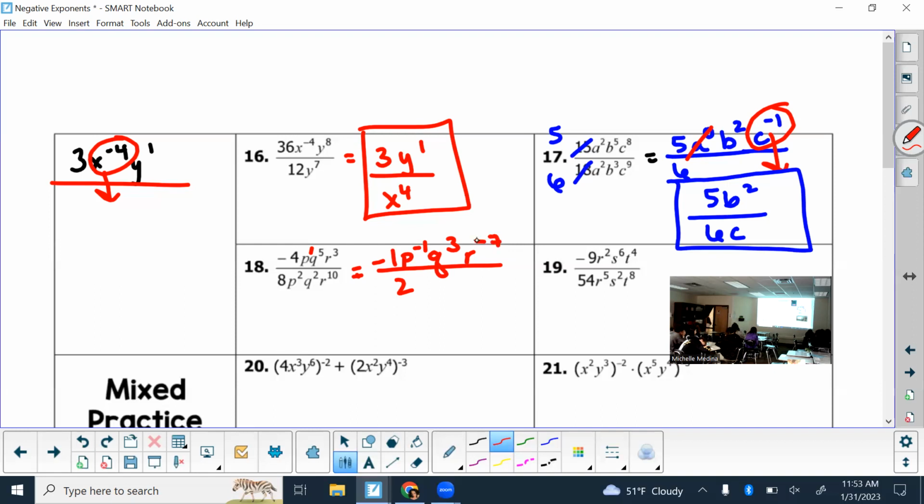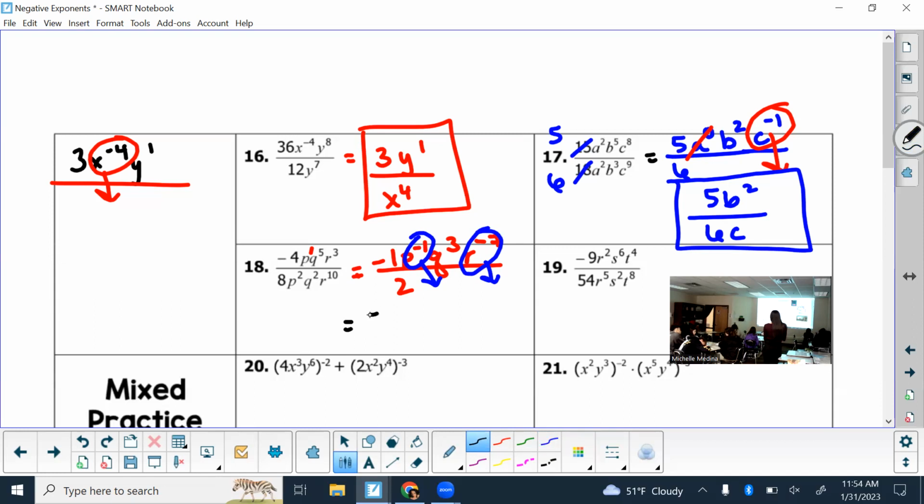Now, class, is this how I leave my answer? What's wrong with it? Do I move? What do I move? P to the negative 1. Anything else? R to the negative 7. All right, everything that has a positive exponent stays.